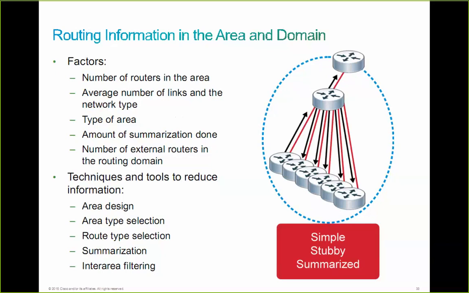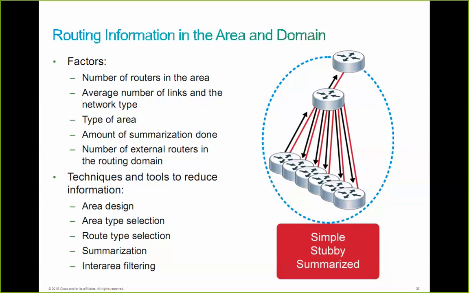In OSPF, we have very similar tools. Stub and totally stubby areas import less information about destinations outside the routing domain or the area than maybe, say, a normal area might. So using the stub or totally stubby areas reduces the workload of an OSPF router.